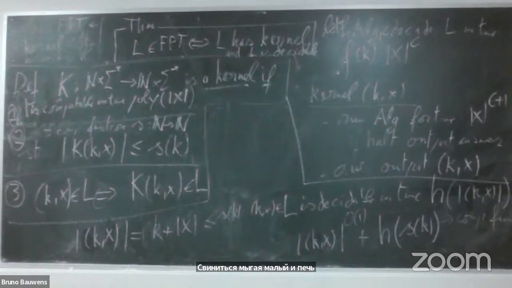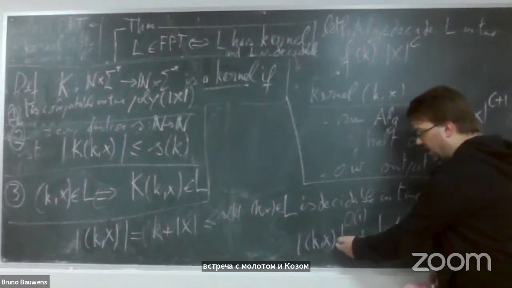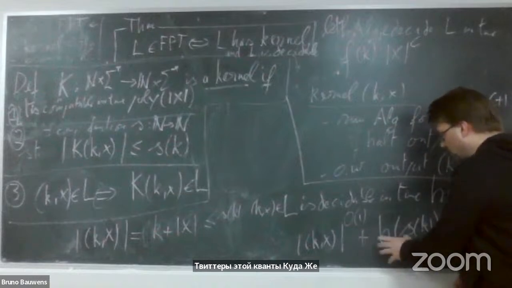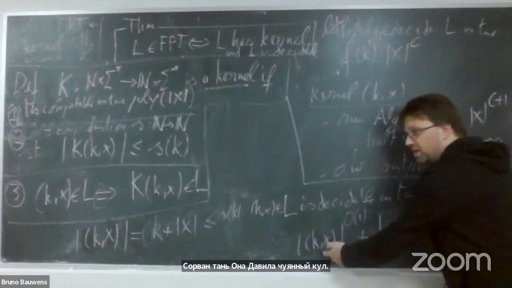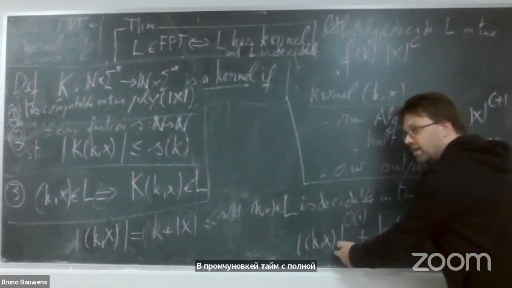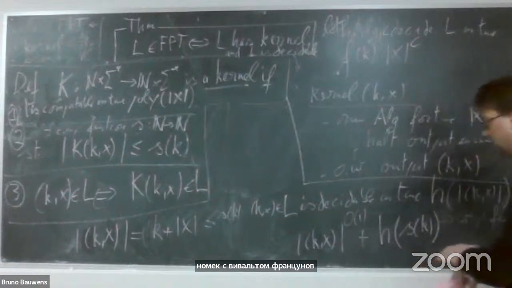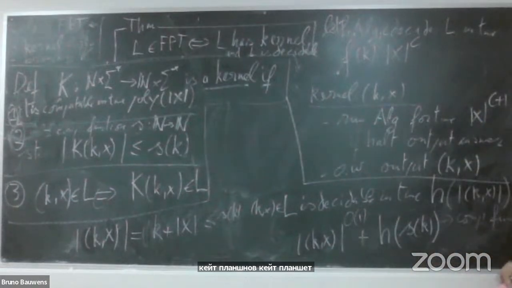So this is the runtime, and this is really cool. We went from a function of k times a polynomial in x to a function of k plus a polynomial in x. That's a really cool thing about kernels: the painful function gets separated as an additive constant.